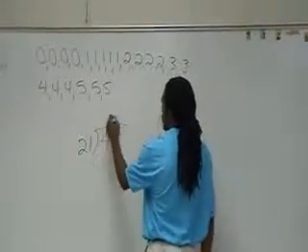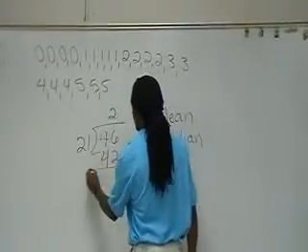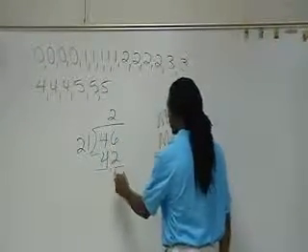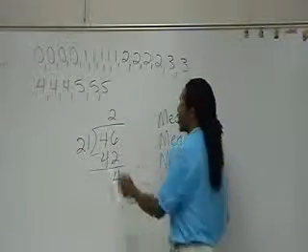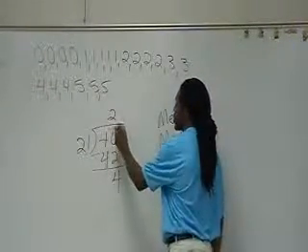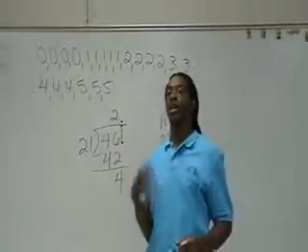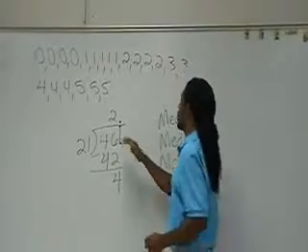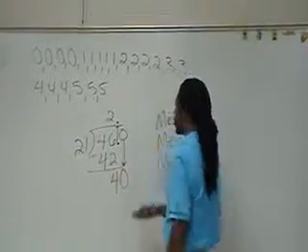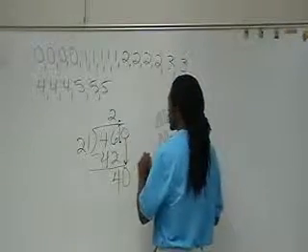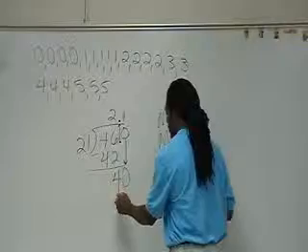21 goes into 46 2 times. It's 42. We subtract, get a remainder of 4. We said once we get to the end of our numbers, we line up that decimal, which is sitting behind the ones place anyway. We just use it when we need it. Line up the decimal, add a 0. 21 goes into 40 one time.